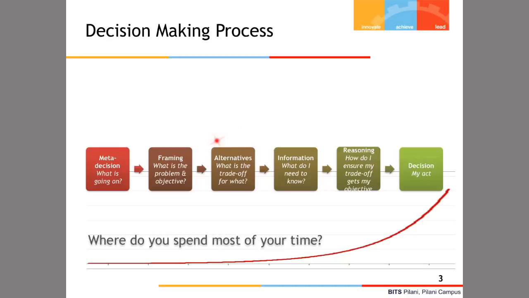So in order to choose the best alternative, you need to have a set of information. With this information, you can do reasoning. And the reasoning is the process by which you are connecting the alternatives with the problem objective. Is this alternative the best way to achieve the problem objective is what you will be studying when you actually do reasoning.